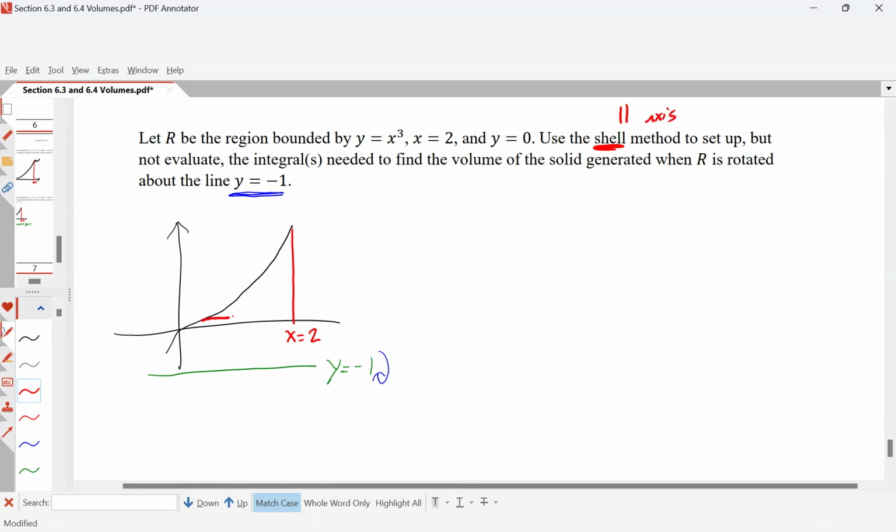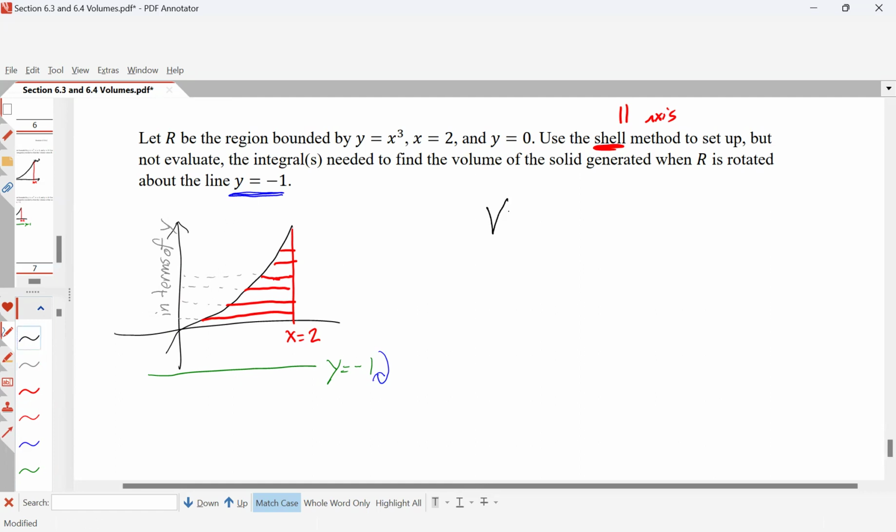Slicing parallel to the axis of rotation means we're going this way. If I continued these slices out, I'd be hitting the y-axis. So hitting the y-axis tells us we want things in terms of y.